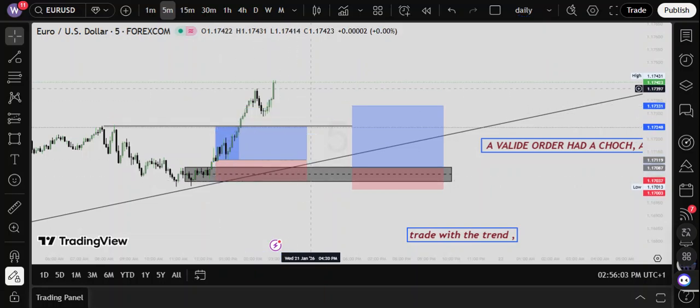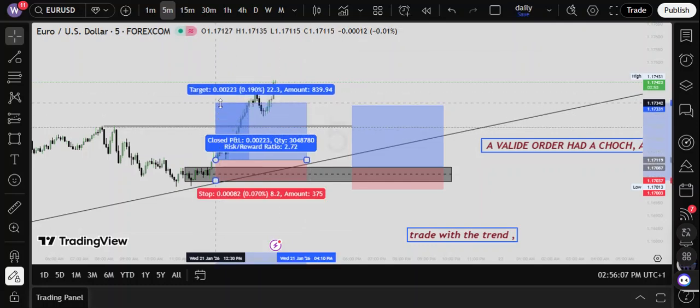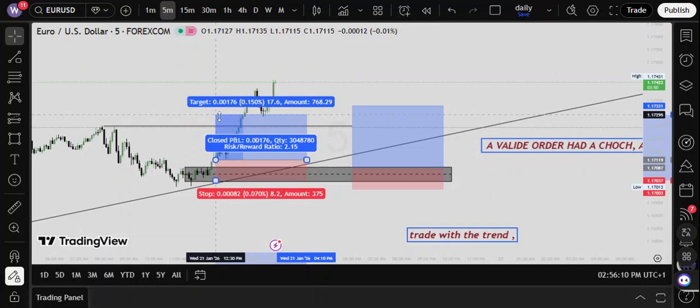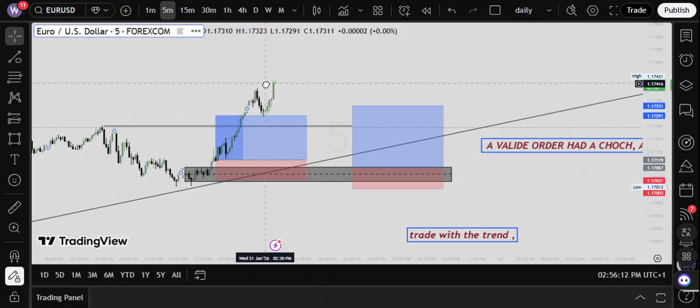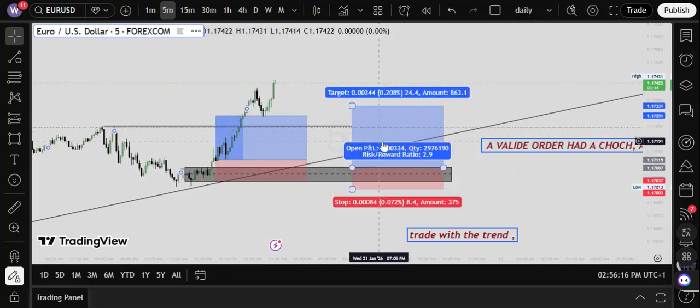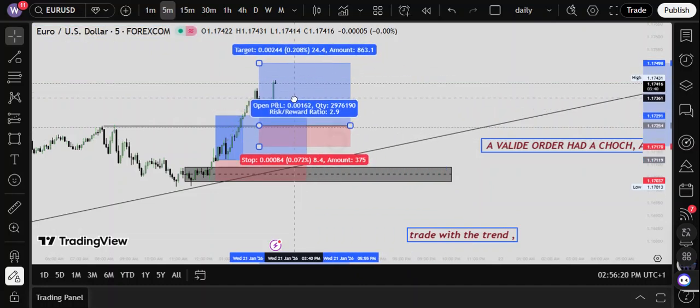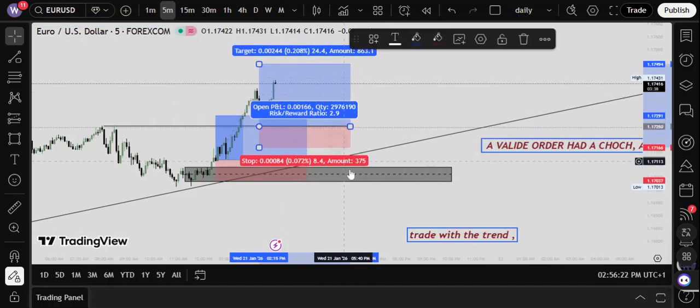And with this, we've gotten a good profit. You can target a 1 to 2 risk-to-reward ratio. So with this, you've gotten a very good trade exactly here. You can wait for the next opportunity for price to retest this area, then you take your continuation. So you keep on riding with the trend until the trend is exhausted.